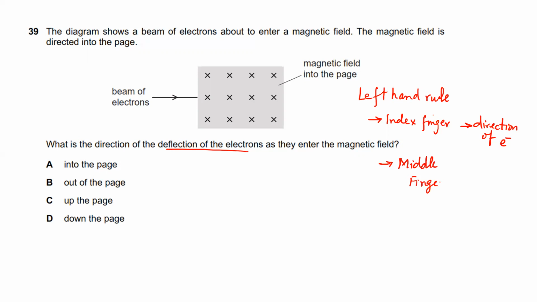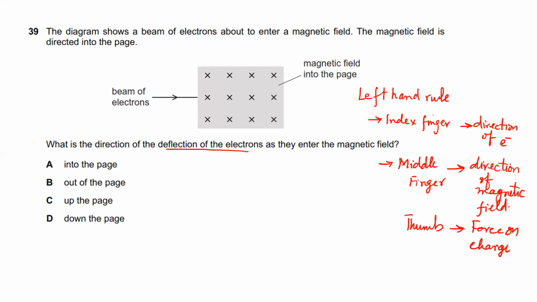Middle finger is direction of magnetic field. And thumb is force acting on the charges, whether it's positive charge or negative charge.